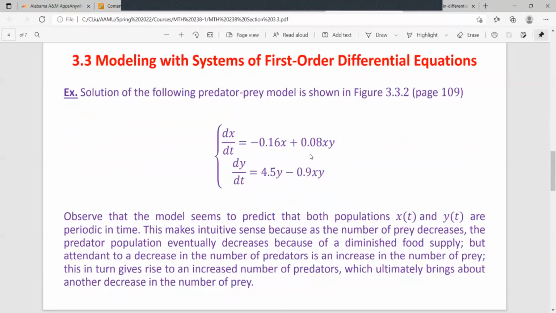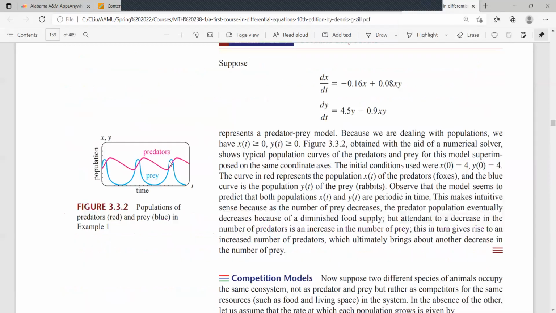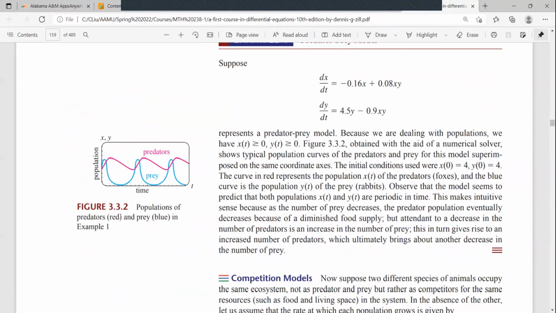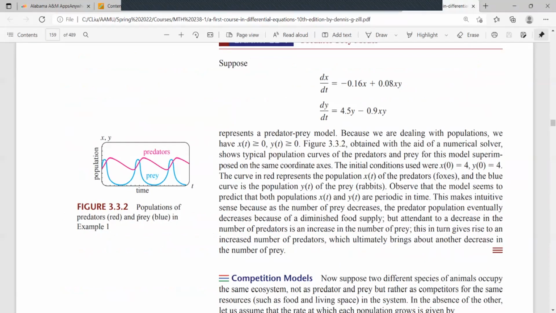Okay, so if you solve this system of equations numerically, then what you see is like this. The solution will be like this. If we look at the graph, figure 3.3.2, populations of predator in red and prey in blue in this example.